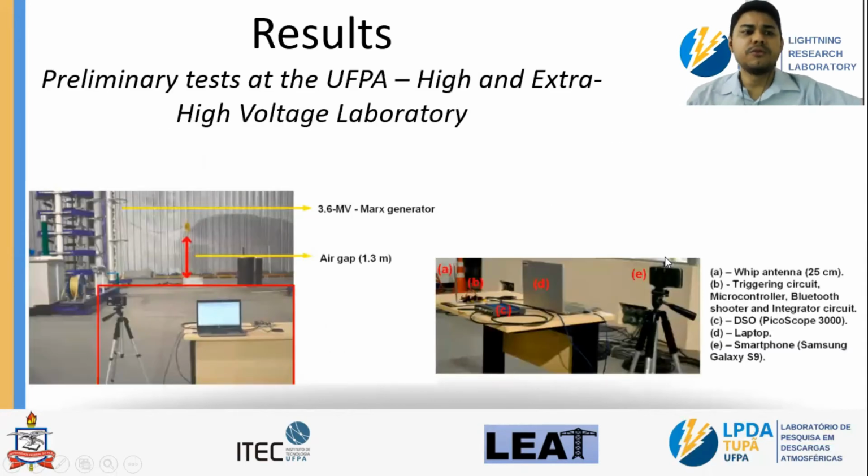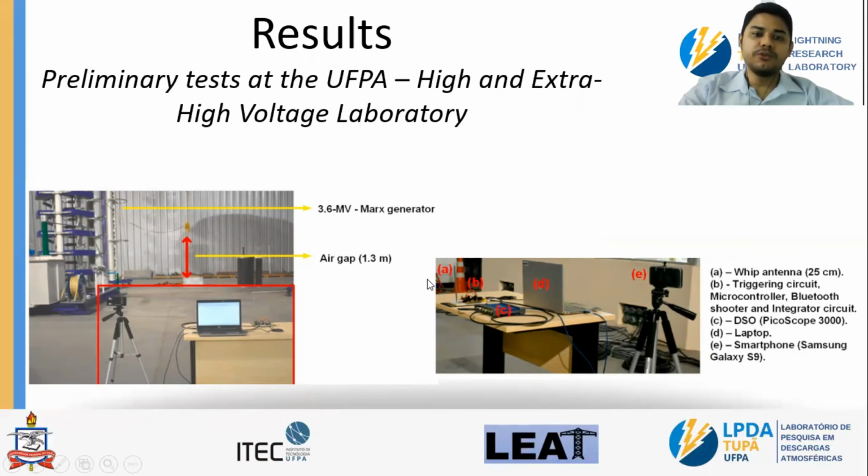Okay, now let's move to the preliminary tests at the high and extra high voltage laboratory. In the laboratory, we used a 25 centimeters long whip antenna in order to record the electric field. We used the DSS, a Pixscope 3000, a laptop, and the smartphone that we used was a Galaxy S9.